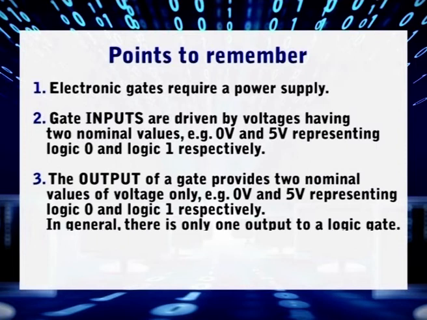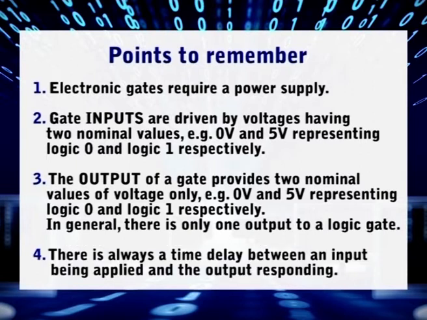The output of a gate provides two nominal values of voltage, for example 0 volt and 5 volt, representing logic 0 and logic 1 respectively. In general, there is only one output to a logic gate. There is always a time delay between an input being applied and the output responding.